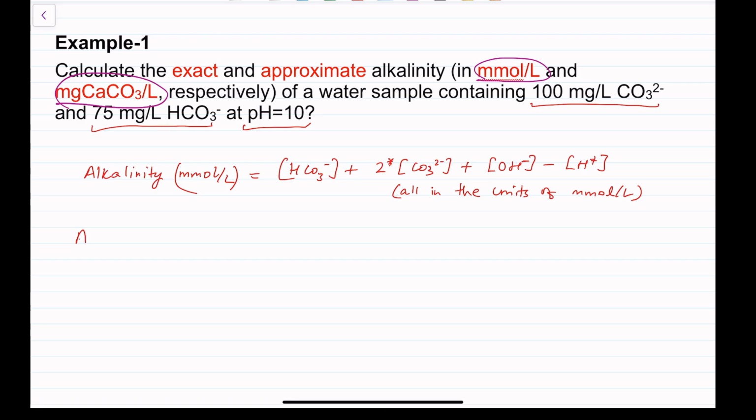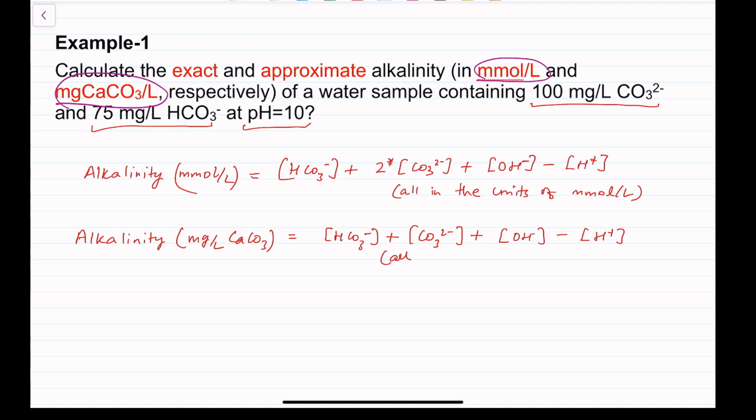And for milligram per liter CaCO₃, it would be, in this case, all in the units of milligram per liter CaCO₃.